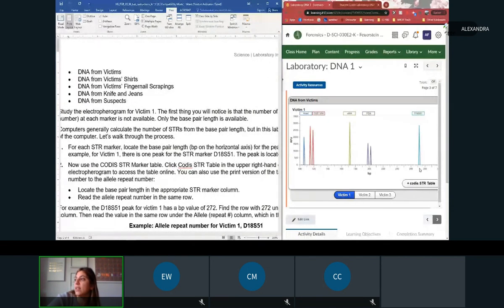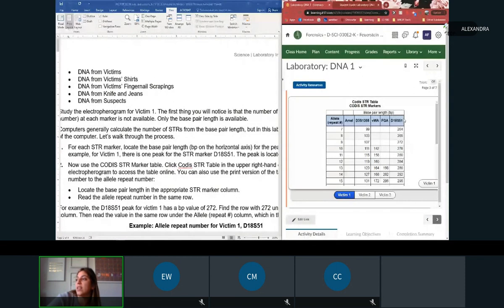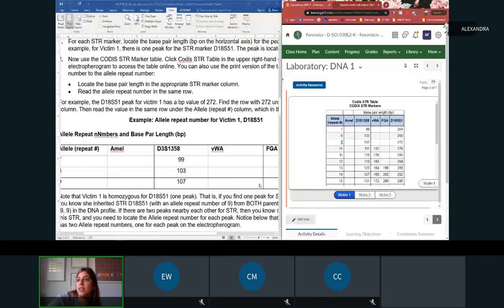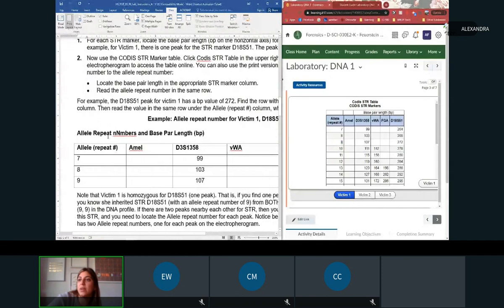So if we take a look at this, this is the gene marker that we're looking at, and the base pair is 272, so we know that they have 2 9s at this location. So here's the table. We take a look at the allele repeat numbers. This is confusing. Yeah, this is the right one.